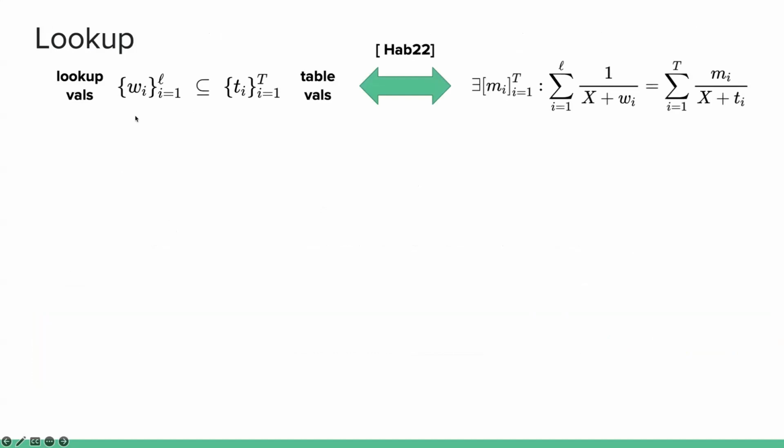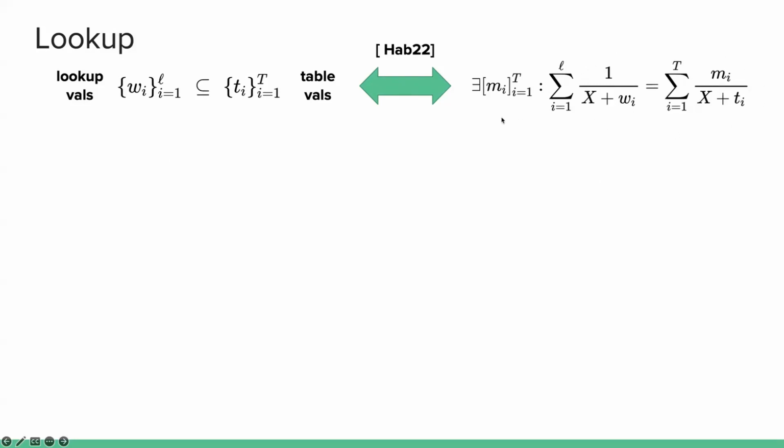So here in the lookup relation, there is a list of online lookup values. You want to check that they're all inside some preprocessed table T of T elements. And we are inspired by previous work by Haböck called log derivative for lookup. It turns out that this lookup relation holds if and only if this sum holds true.